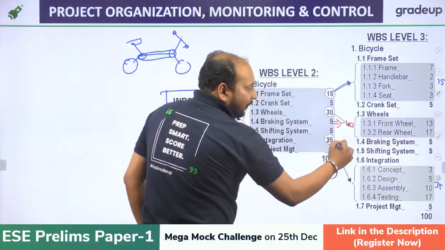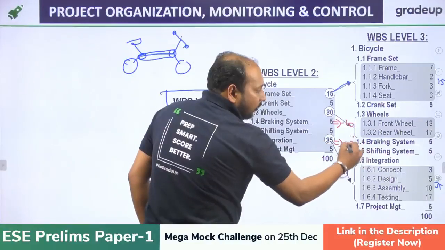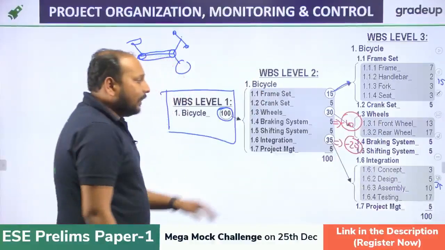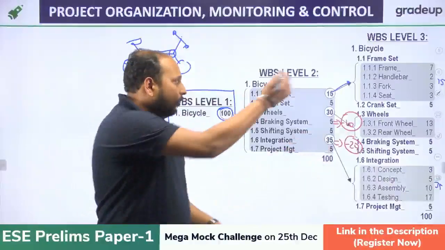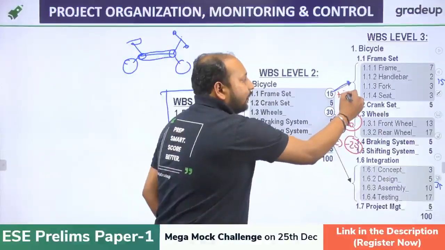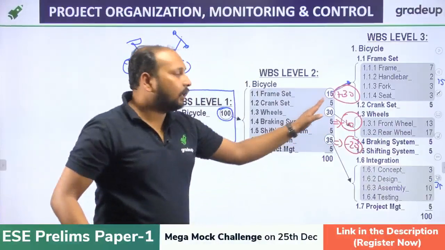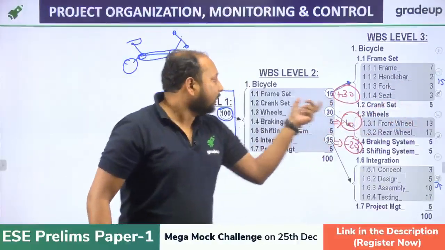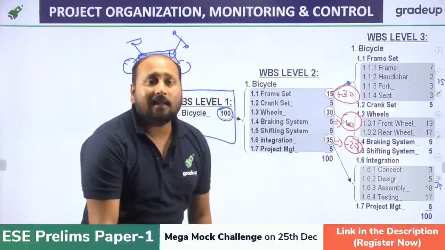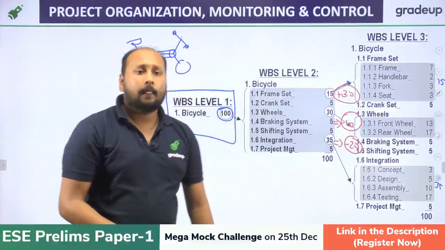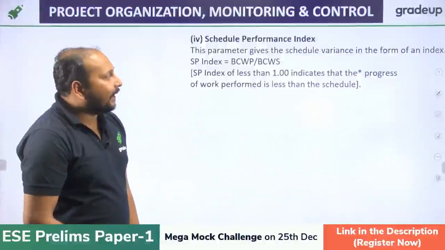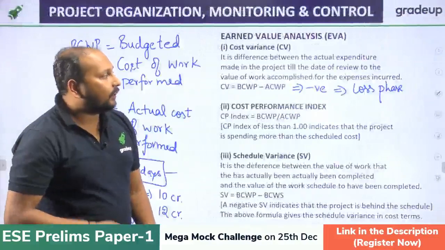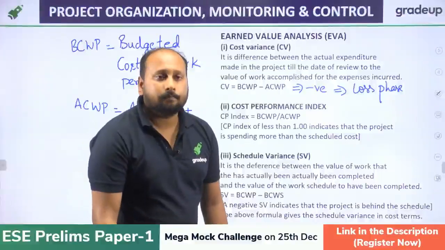In integration it is minus 20. So what does that mean? In braking and integration you have a loss phase going on. For example, in the frame set you are having plus 30. That means we have a profit phase going on under the frame set. So you can easily track where profit and loss is occurring in the project.